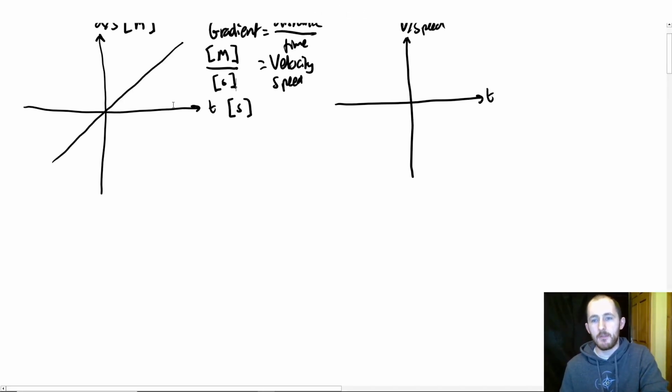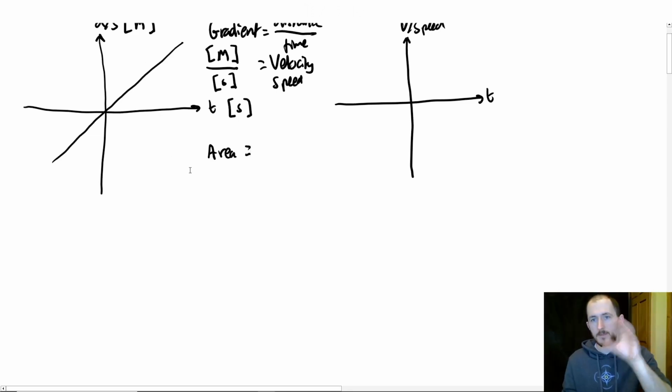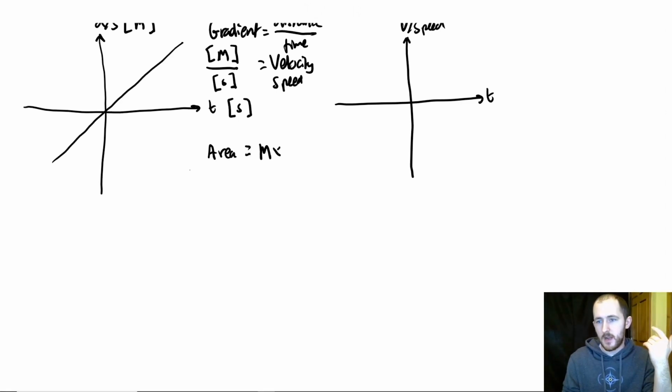And then what about the area under the graph? Well, if we try and work out the area, we're going to do the same thing, right? Overall you're going to times the x and y values. So if it's a rectangle, you just times them. If it's a triangle like this, you do half and then times them. But in terms of units, you're basically just going to be doing meters times seconds, right? Now, if you think about it, do we have an equation that is distance times time?